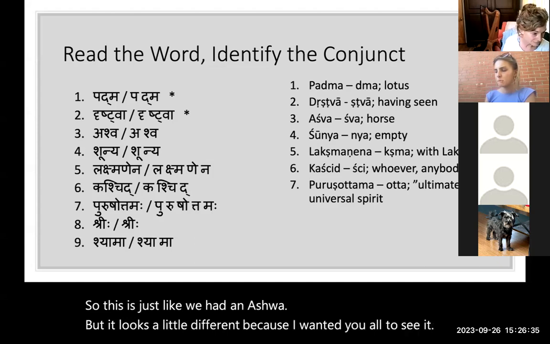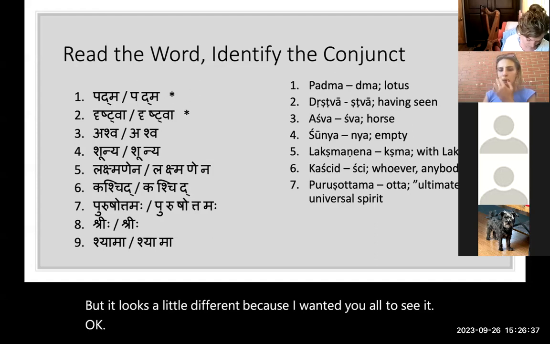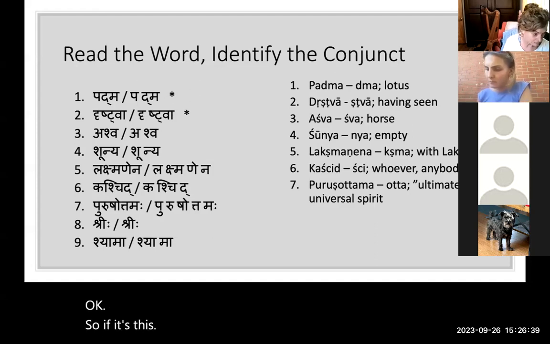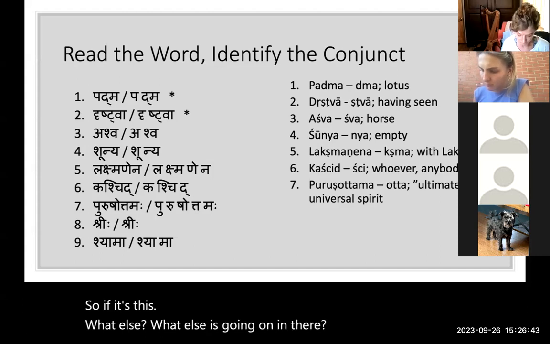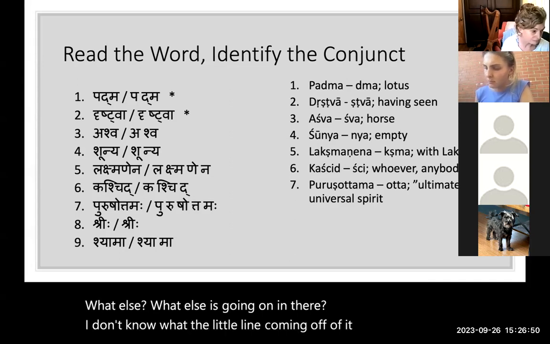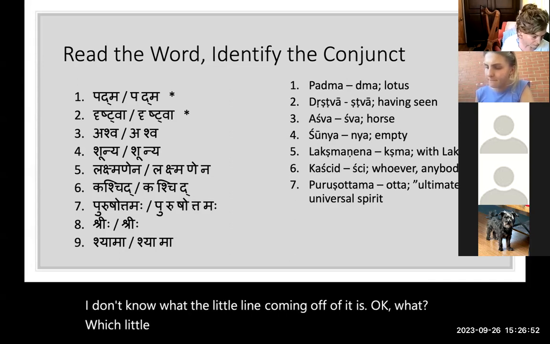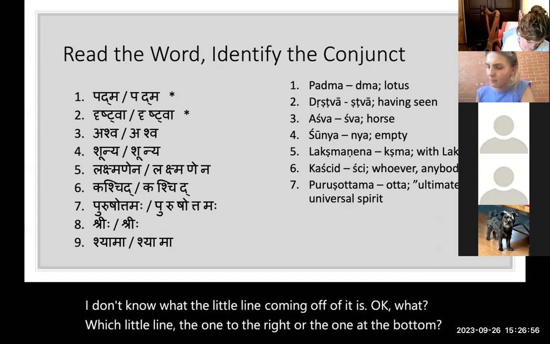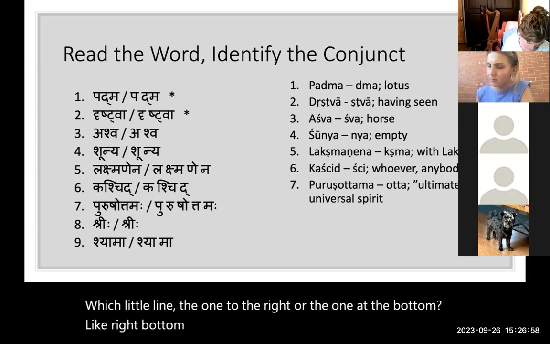So if it's this, what else is going on in there? I don't know what the little line coming off of it is. Okay, which little line? The one to the right or the one at the bottom?